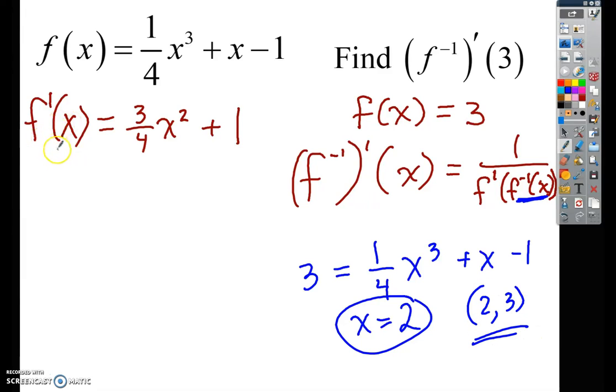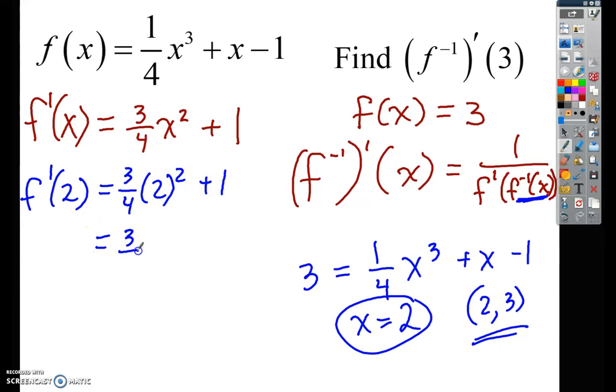So I'm going to actually go ahead and find the slope at 2. So f prime at 2 is equal to 3/4 times 2 squared plus 1, which is equal to 3/4 times 4 plus 1, which is equal to 3 plus 1, which is equal to 4.